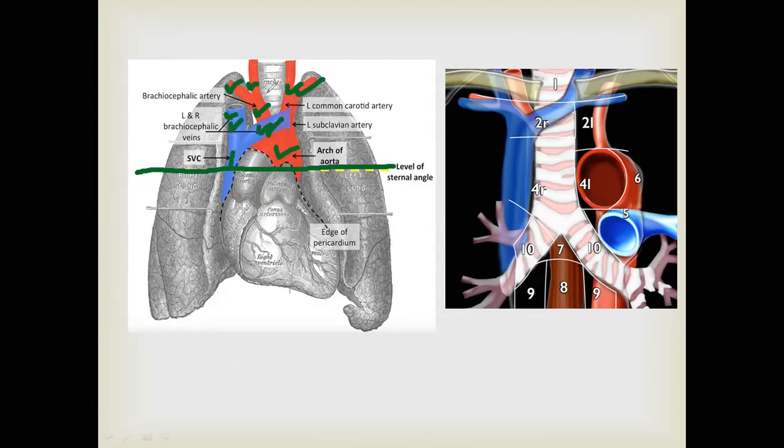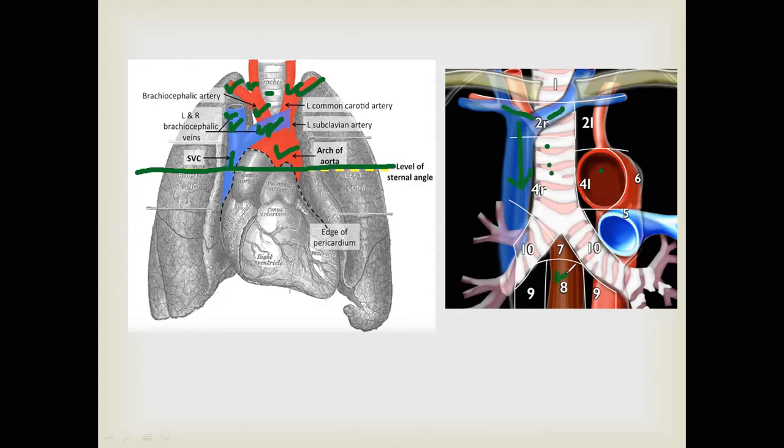This is the trachea, which is like rings. You know the trachea by the cartilaginous rings. Yes. This is the left brachiocephalic vein and right brachiocephalic vein forming the superior vena cava. This is the arch of aorta. Okay. This is the organ behind the trachea.